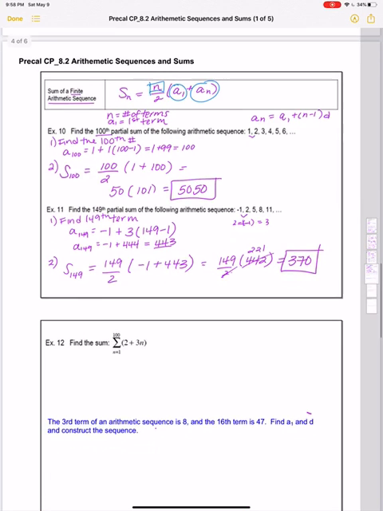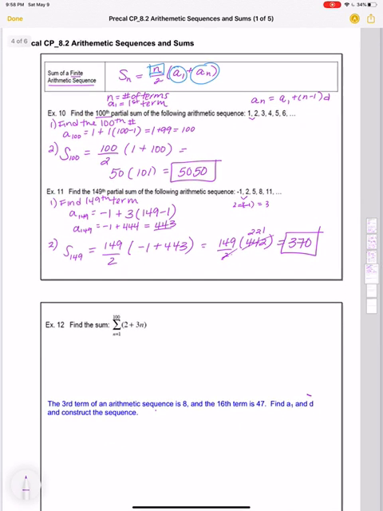Now this next one is giving us a sum, but it's giving it to us in sigma. So it's saying the same thing just in a different way, and we're going to decipher this. It says find the sum of the first 100. So we're starting at the first term and going through to the 100th term. So what's a sub 1 going to be? 2 plus 3 times 1.